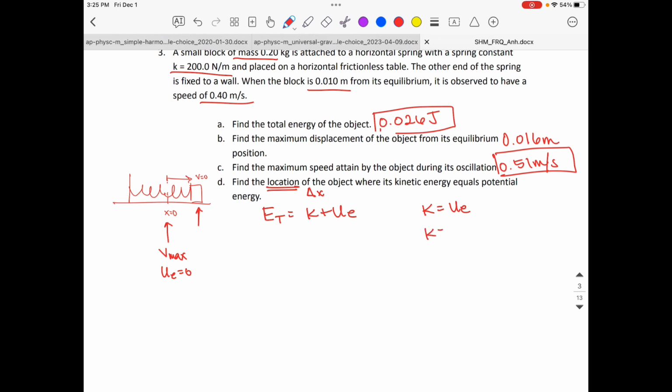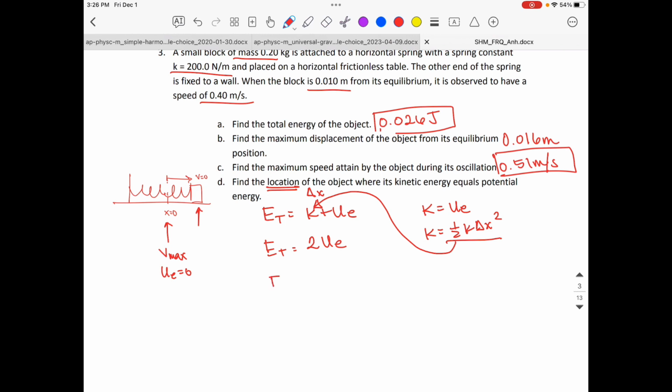If kinetic energy is equal to 1/2 k delta x squared, then I can substitute this equation in here, and that gives me E total is equal to 2 times the elastic potential energy.